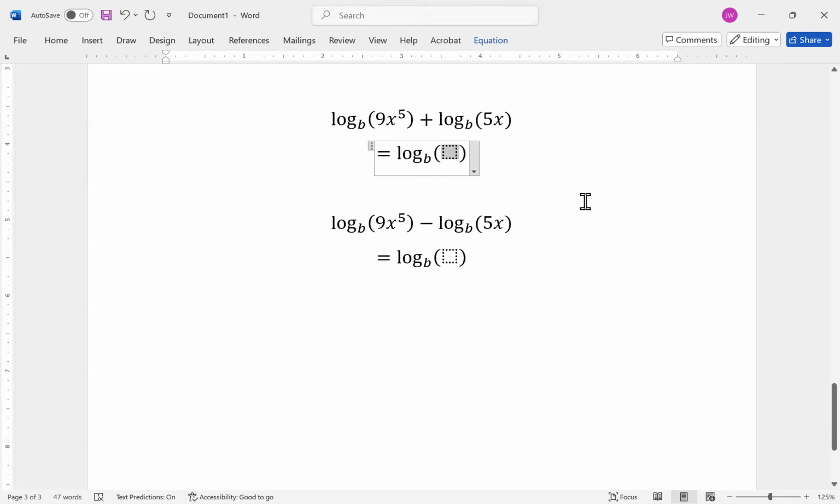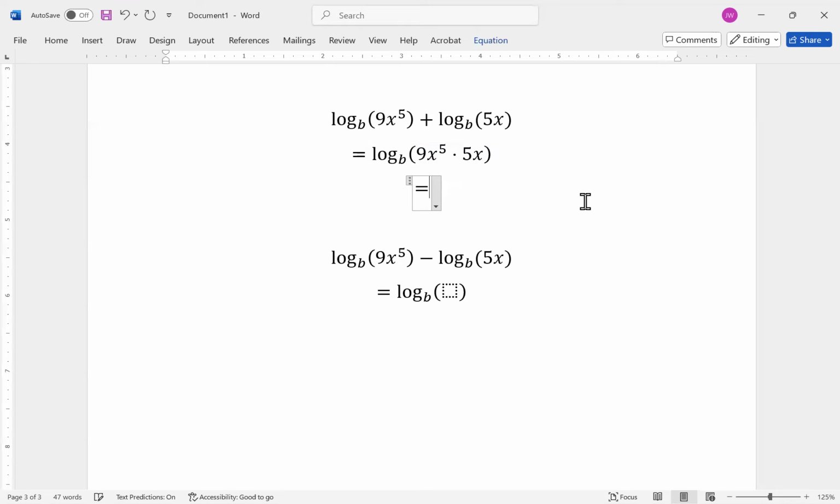We can take 9x to the fifth multiplied times 5x in the argument of our log base b. And so that's going to give me log base b of 45 times x to the sixth power. So that's how I rewrite that as a single logarithm.